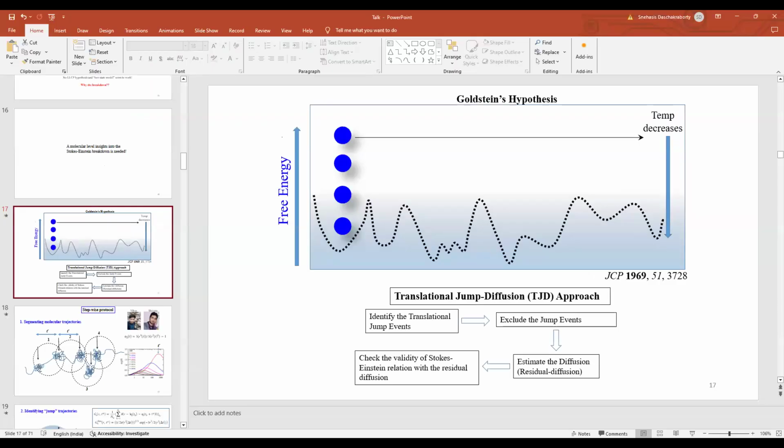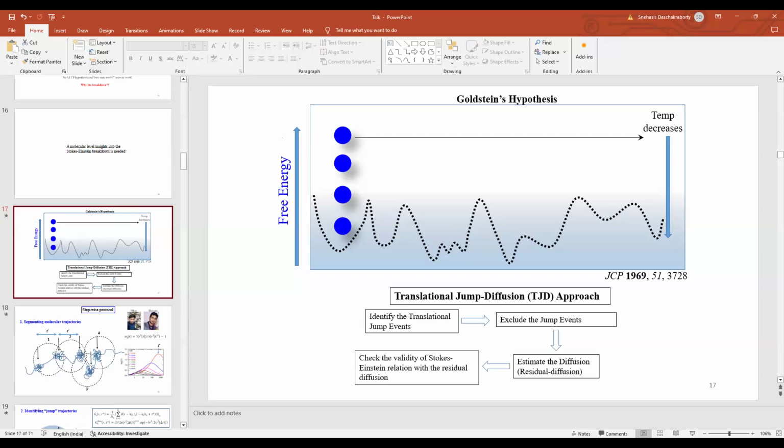At the molecular level, when the molecules are jumping, the physical picture of the cage is that your water molecules are clustered, trapped inside several other solvent molecules, and they are arrested.